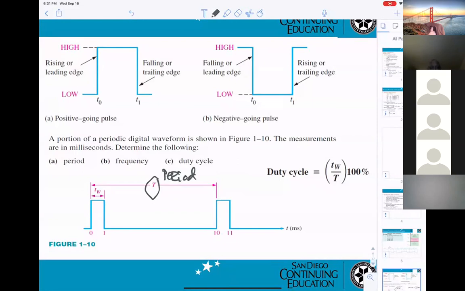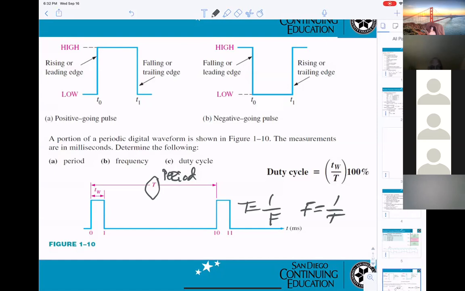And T equals 1 over F, and F equals 1 over T. No big deal. And they want to know which one is the period, or the frequency, or the duty cycle.